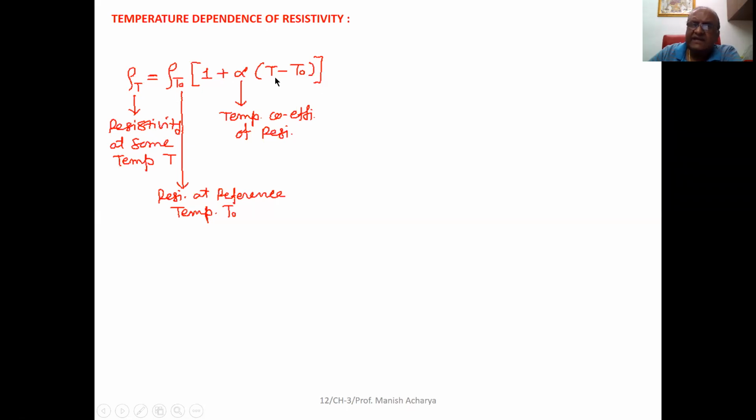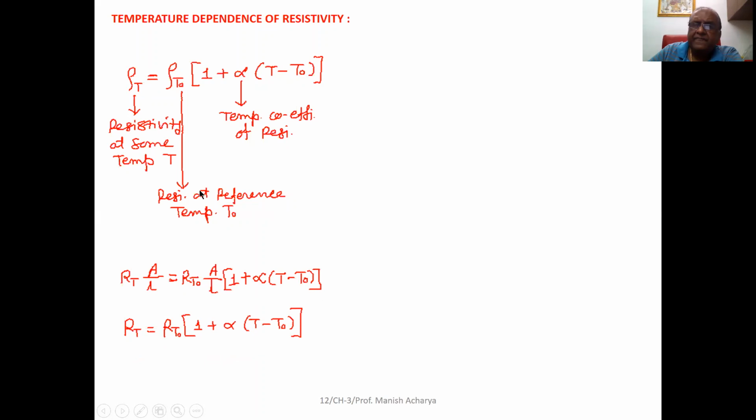Now, the same type of equation we can write for resistance also. We know when resistivity increases, resistance will also increase with temperature. Now, resistivity rho is R A by L. So we can write R at any temperature T, area of cross section of the conductor upon length of the conductor. At temperature T or T0, area and length are constant.